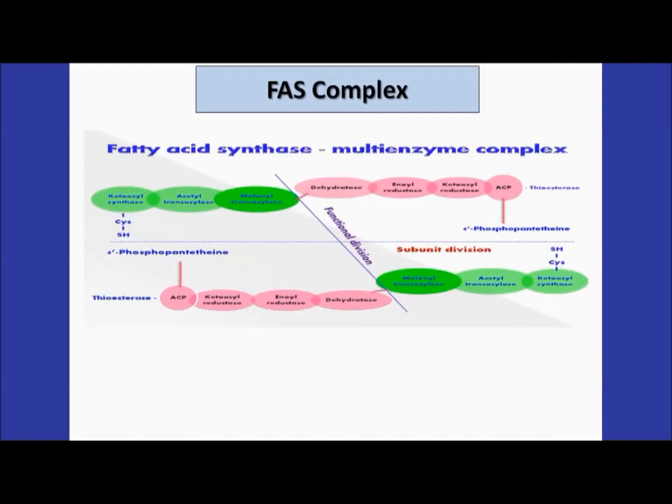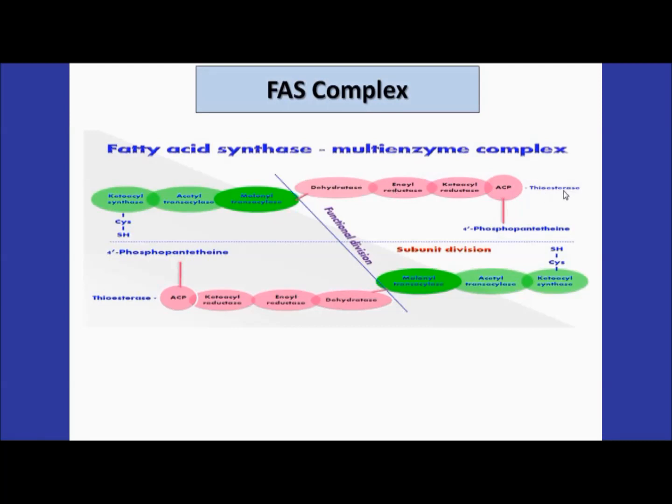So basically, in this figure you will see the enzymes. The first enzyme is the ketoacyl synthase, the next is the acetyl transacylase, then the malonyl transacylase, then dehydration is done by the enzyme dehydratase, then enoyl reductase does the reduction, then ketoacyl reductase, and finally the ACP, acyl carrier protein.